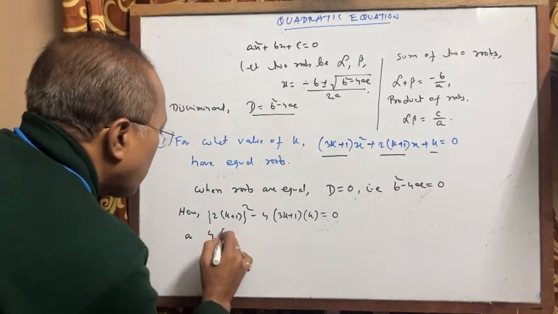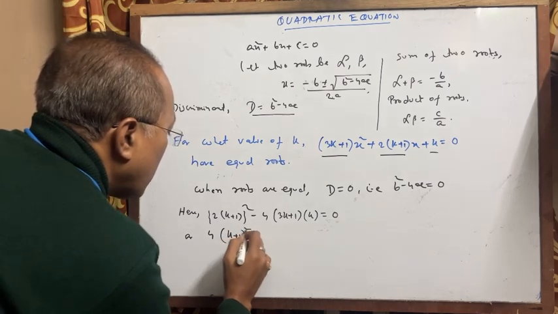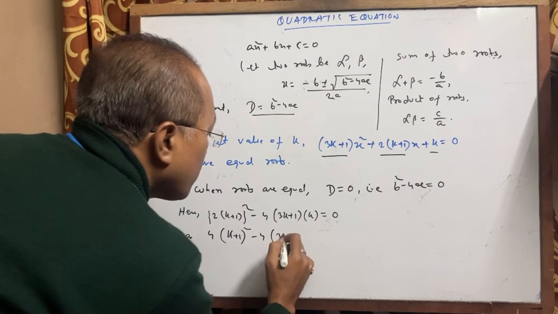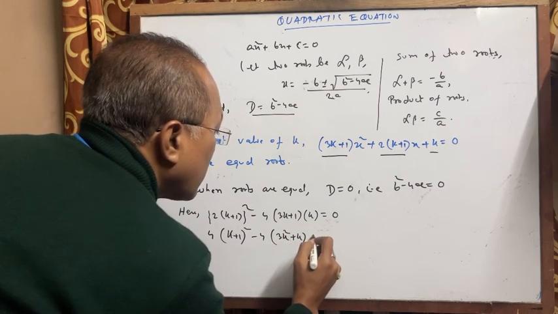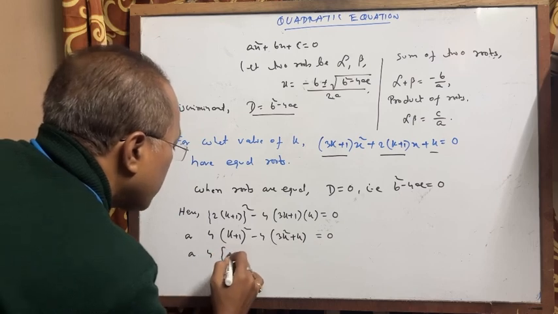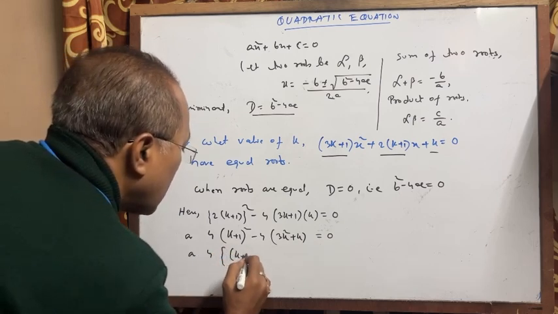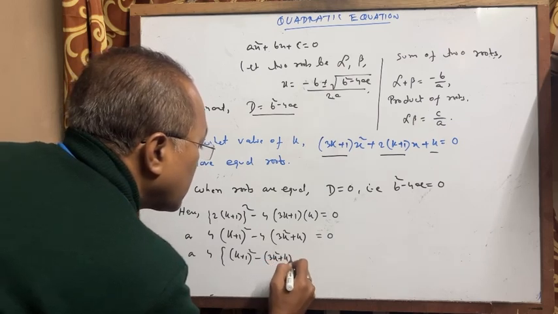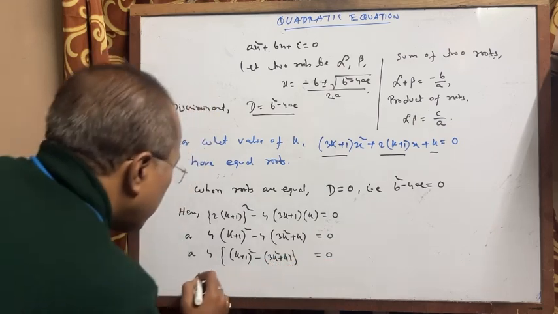Now you can write 4 into (k plus 1) whole square minus 4 into (3k square plus k), or (k plus 1) whole square minus (3k square plus k).